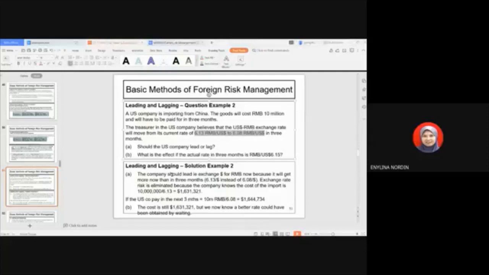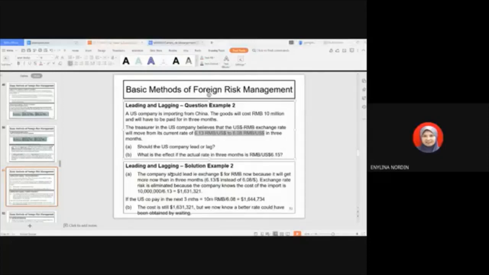If the US company waits 3 months to make payment and the prediction is correct, the US company will be at a loss.